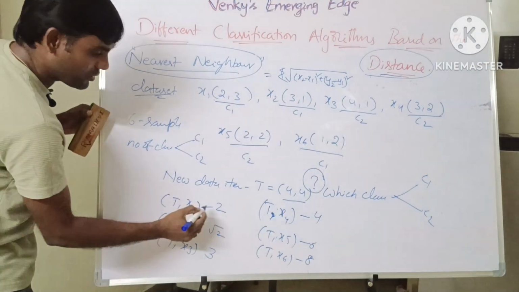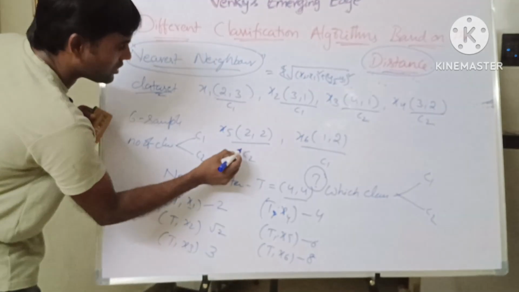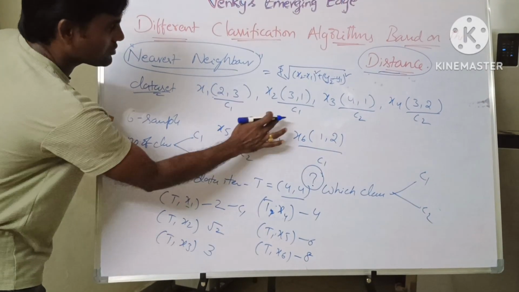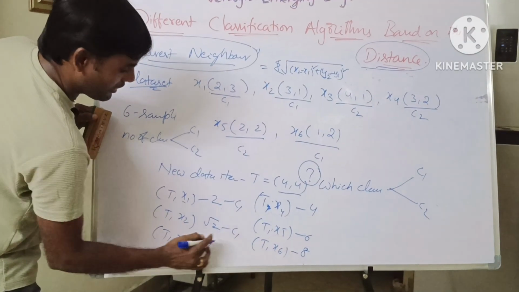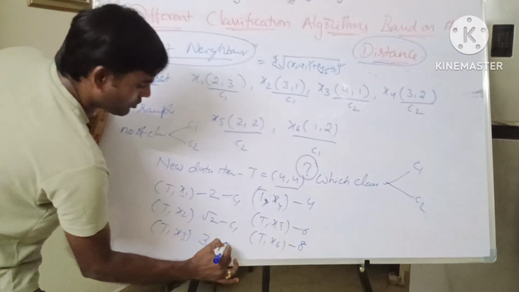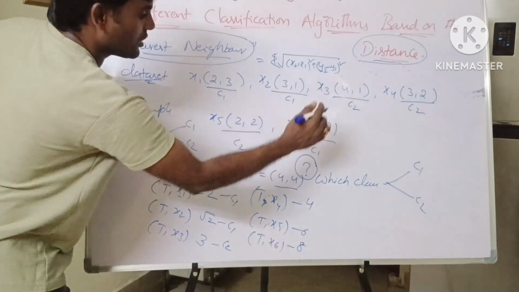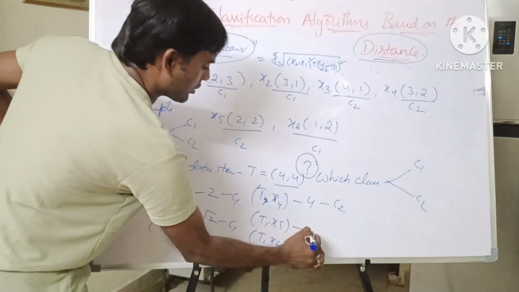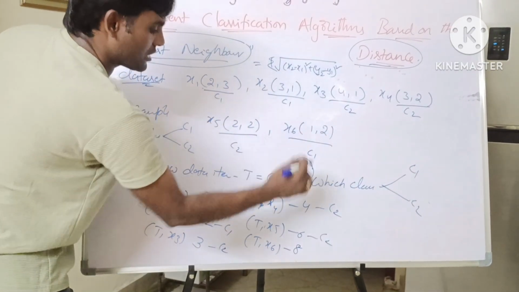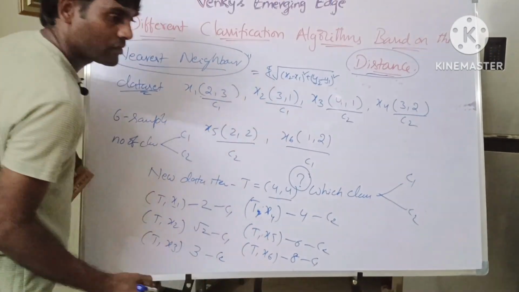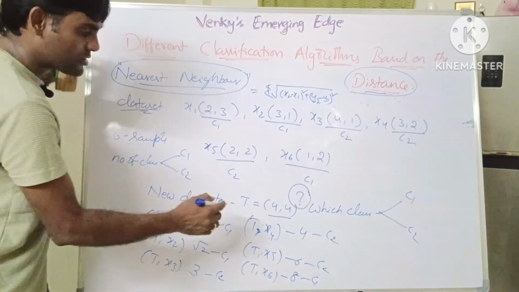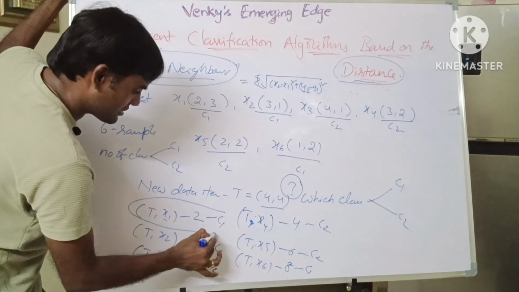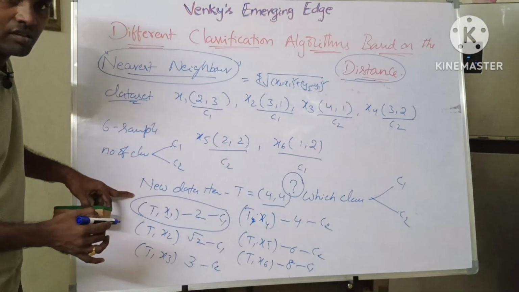So x1, which class? C1 class. x2, which class? C1 class. x3, which class? C2 class. x4, which class? C2 class. x5, which class? C2 class. x6, which class? C1 class. Is it clear? So which one has the least distance?